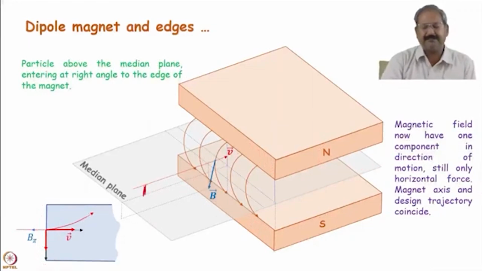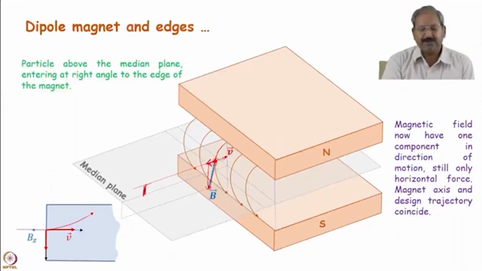When this trajectory comes, you can see it enters the magnetic field where the field is not perfectly perpendicular to the median plane, but has a certain angle, because fringing is there. If we take the tangent at this location to the fringing, this gives the direction of the magnetic field at this location. So here there will be a vertical component as well as a horizontal component, or Bs. This component is exactly in the direction of motion.